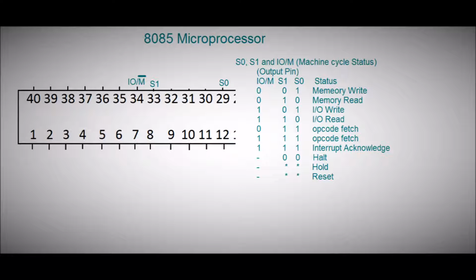If IO/M is 1, S1 is 1 and S0 is 1, then microprocessor status is interrupt acknowledge. This symbol indicates 3 state, high impedance. X is unspecified. S1 is used as an advanced RD/WR status.